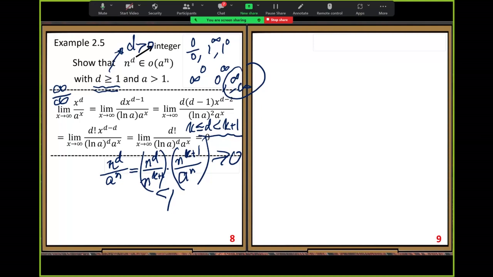So with this special manipulation, we can bridge the gap between the non-integer version and the integer version.